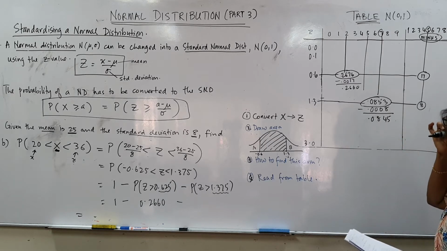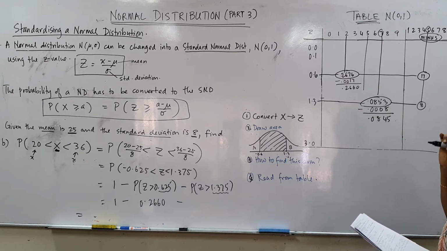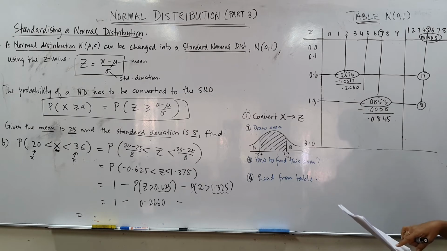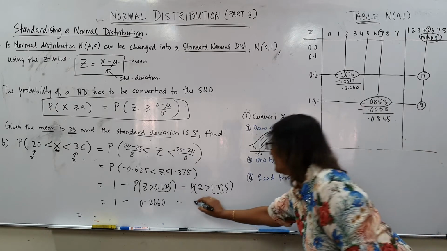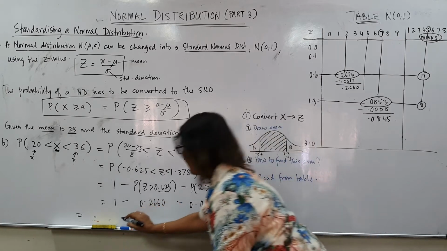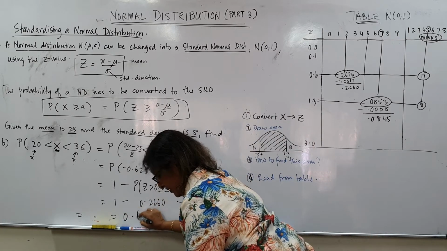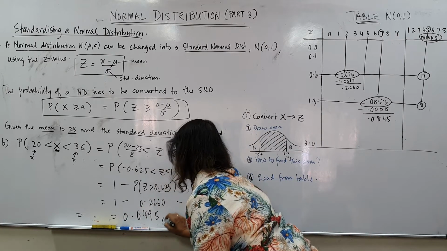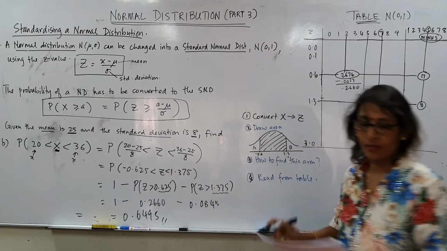You get this? Really? Something is wrong. Wait, I'm not sure. Something like that. And you finally minus everything and you get 0.6495 as your answer. Not too sure about this, you can double check.